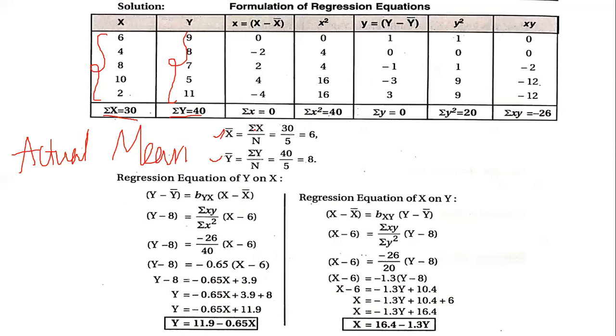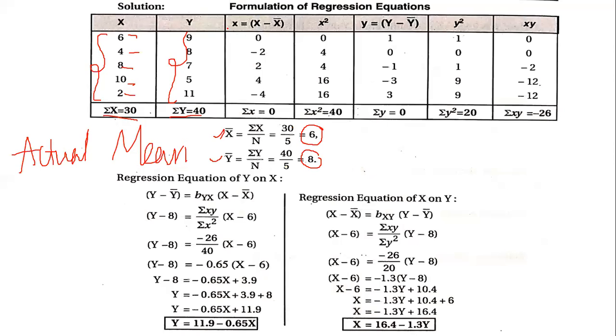So sigma x by n, what is n? 1, 2, 3, 4, 5, the number of data given to us. So n is 5. 30 by 5, actual mean is 6. 40 by 5, actual mean for y is 8. So this is the first part of the calculation.